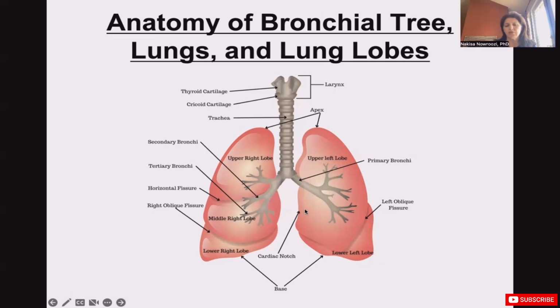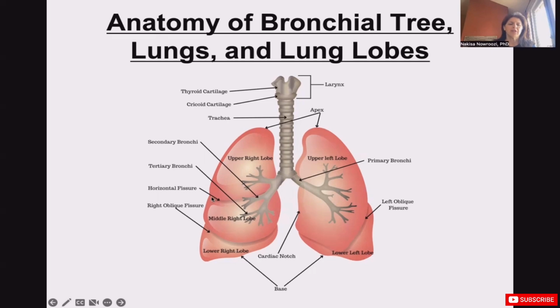On the left side, you only have two lobes because of the location of the heart, which also makes an indentation here. It's called the cardiac notch. That's where the heart is located. This is the base of the lungs, and these are the apex of the lungs.